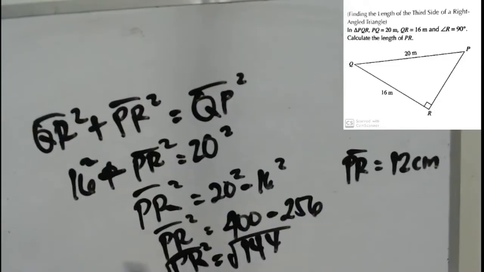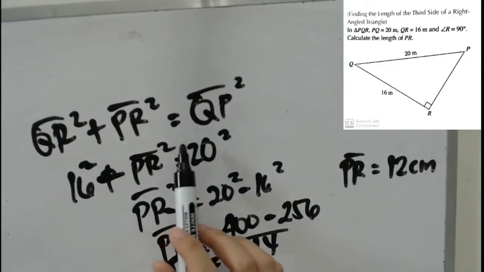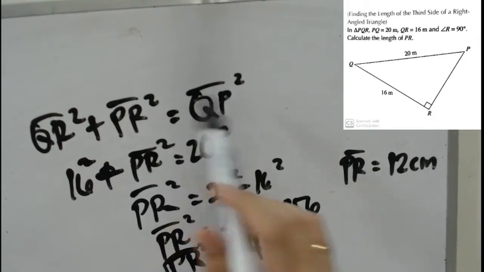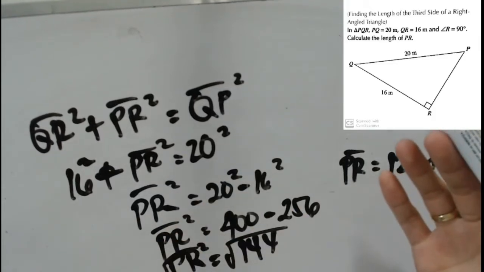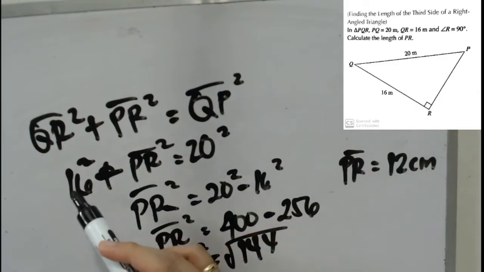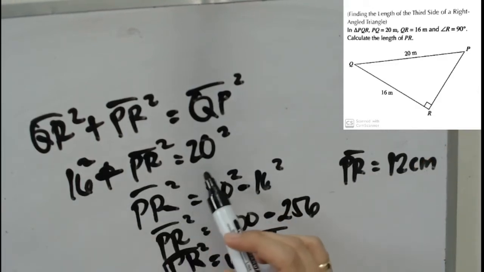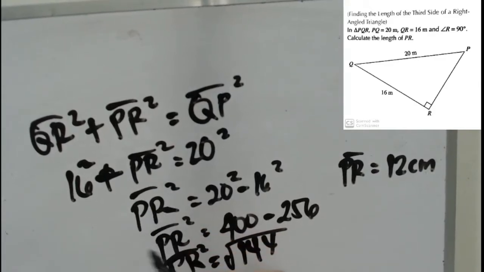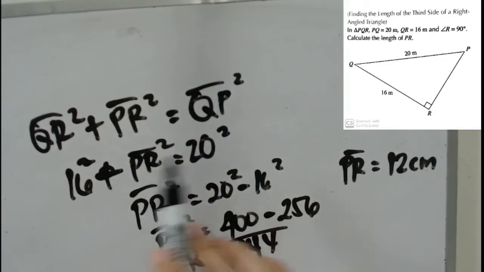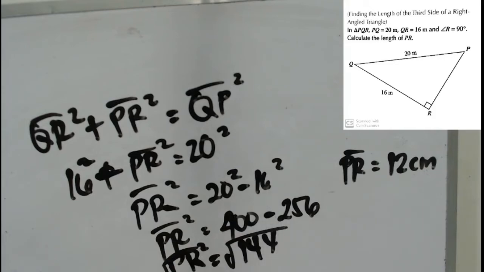Again, we have here QR squared plus PR squared is equal to QP squared. We apply the Pythagorean theorem because the given is a right triangle. So we have here QR as 16 and QP as 20 squared. The missing side is one of the legs. So for us to be able to find it, we transpose 16 squared to the other side, also known as the subtraction property. We subtract 16 squared on both sides, so this one is eliminated.